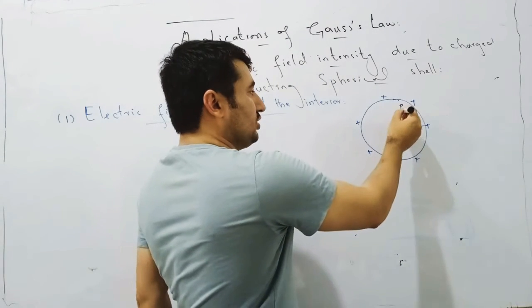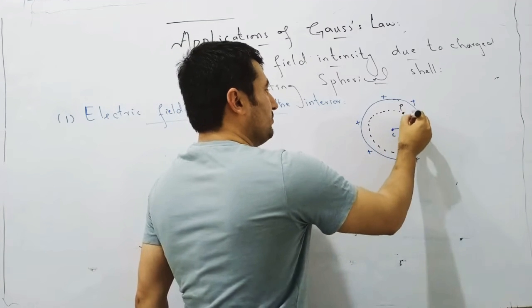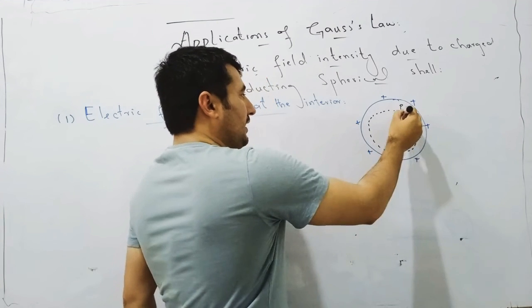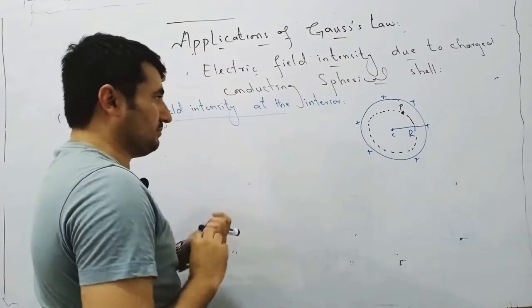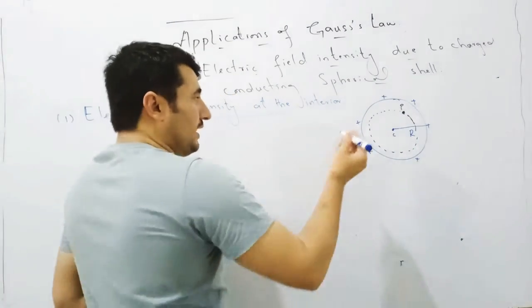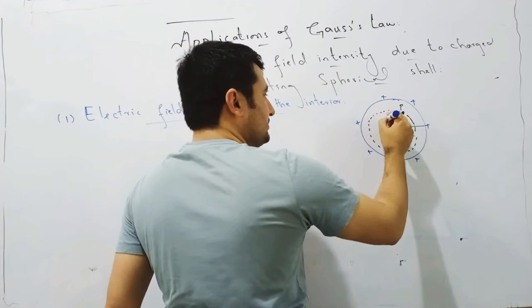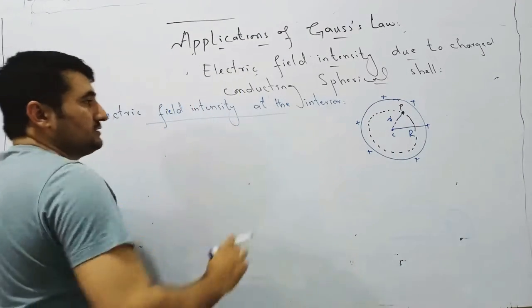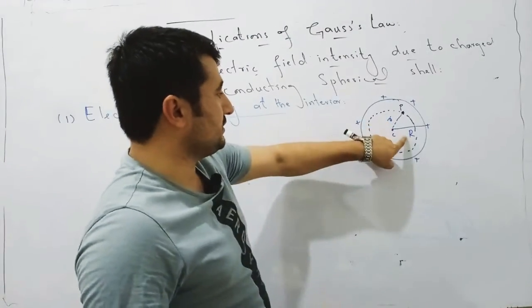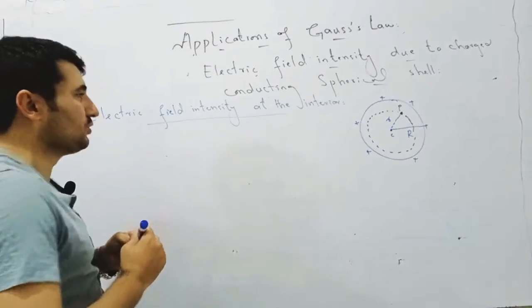We consider a Gaussian surface in the form of a sphere, and point P is on this Gaussian surface. Let its radius be small r, which is less than the capital R radius. So what will the interior be? You can simply find out.